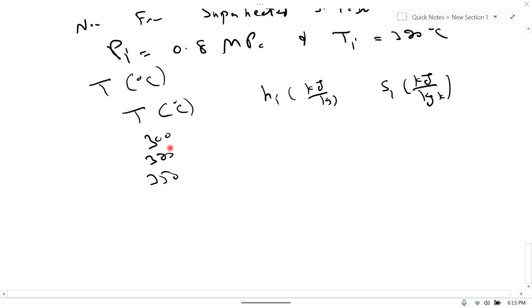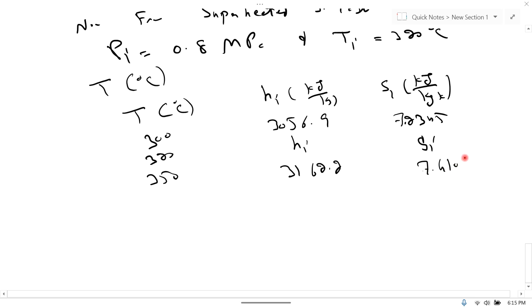At 300 degrees centigrade, enthalpy in the table is 3064.6, and we have to find H1 dash. At 350, enthalpy is 3162.2. Similarly, entropy at 300 is 7.2345, and S1 dash is required, and at 350 degrees centigrade this value is 7.4106.